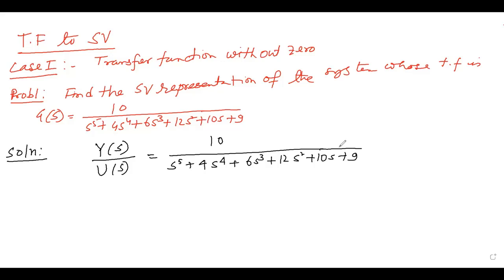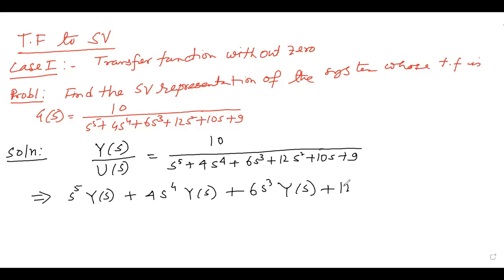All right. Now cross multiplying, we will get s to the power 5 Y(s) plus 4s to the power 4 Y(s) plus 6s cube Y(s) plus 12s square Y(s) plus 10s Y(s) plus 9Y(s) is equal to 10U(s). All right.